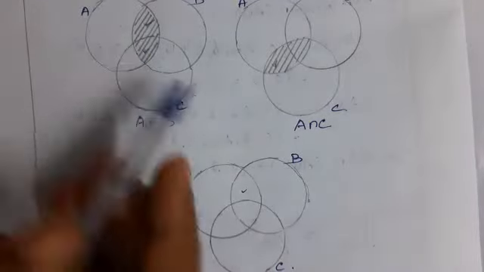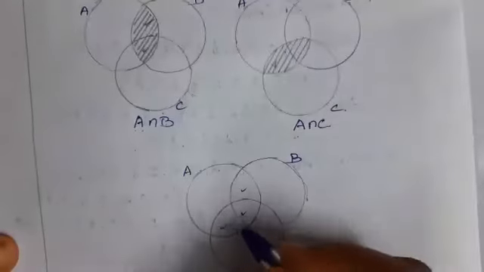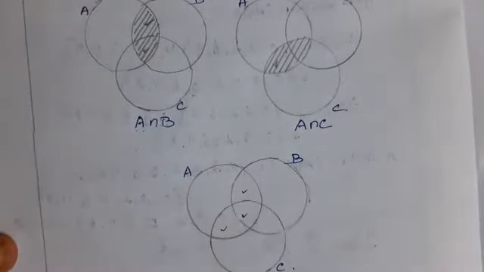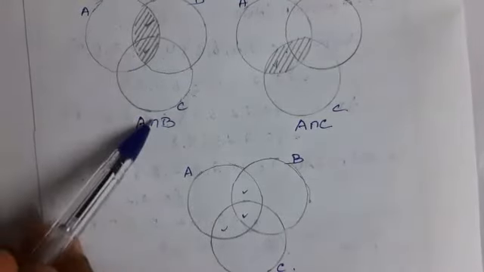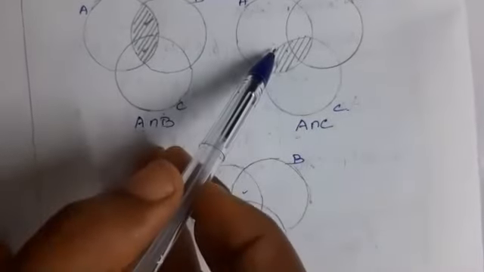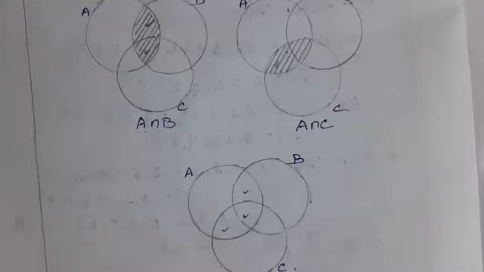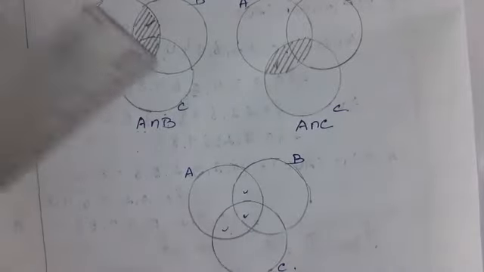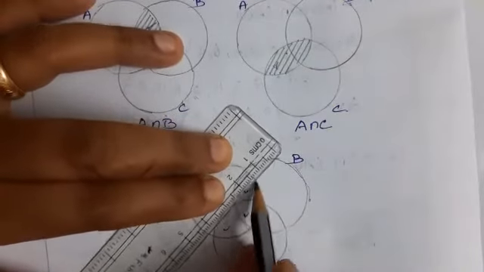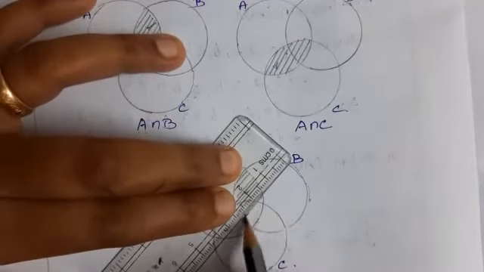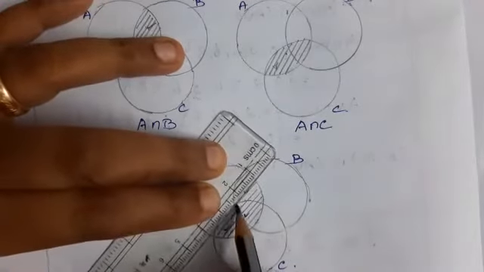Then here shaded, you must shade. Union means shade all the portions in A and B and A and C. Therefore, the portions are here, here and here. That is, shade the union of A intersection B and A intersection C.